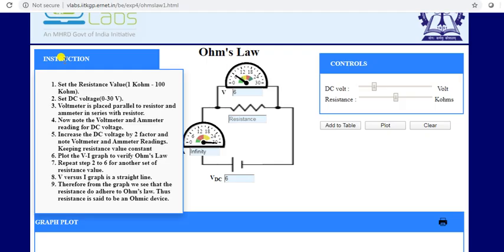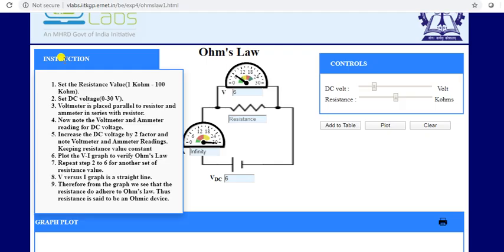Point number 6, plot the VI graph to verify Ohm's law. Repeat these steps to make an experimental table, and at last we will see that V versus I graph is a straight line.